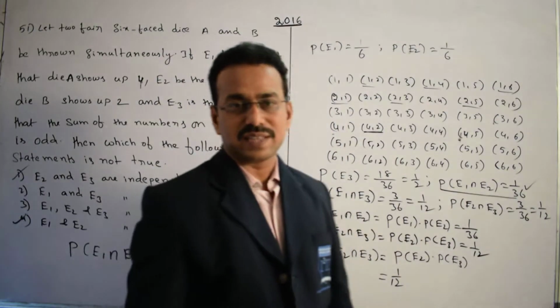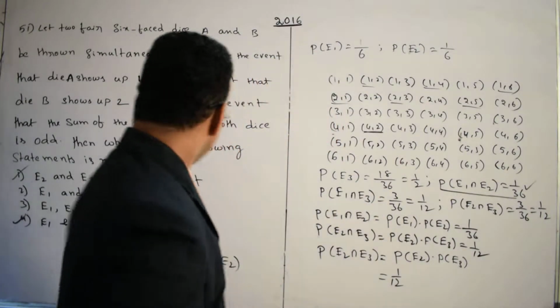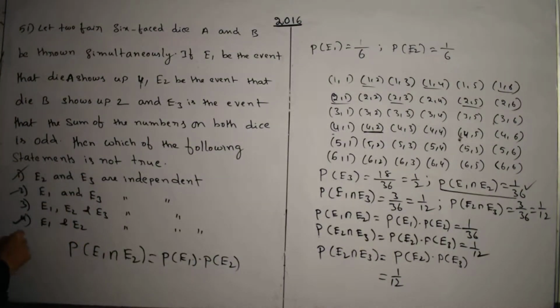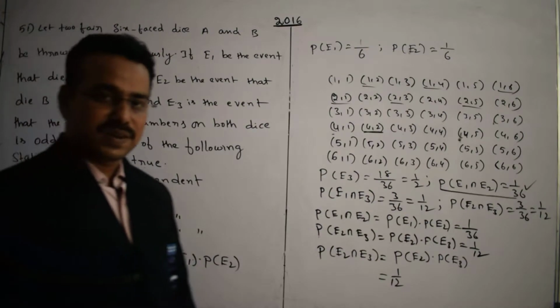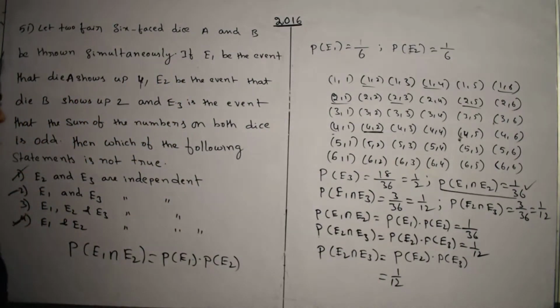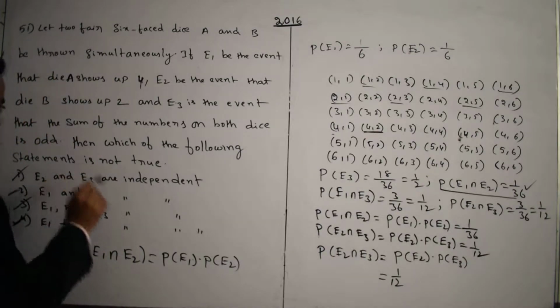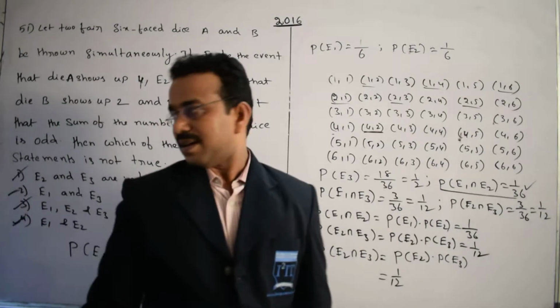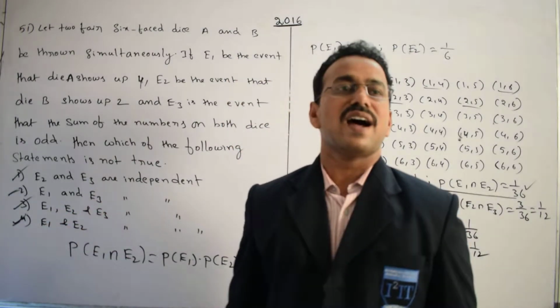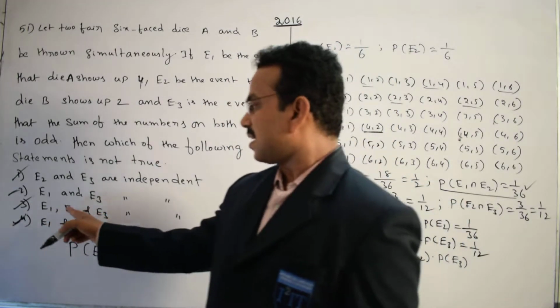So we can conclude the events E1 and E3 are also independent. E1 and E3 independent, E2 and E3 independent, E1 and E2 independent. So the only possible option is 3. The answer is 3. So definitely E1, E2 and E3 are not independent. This is the correct conclusion.